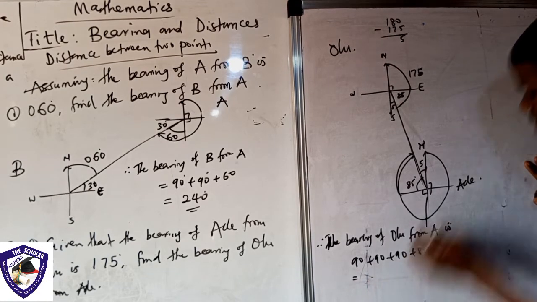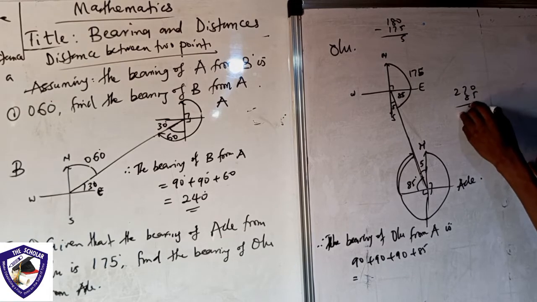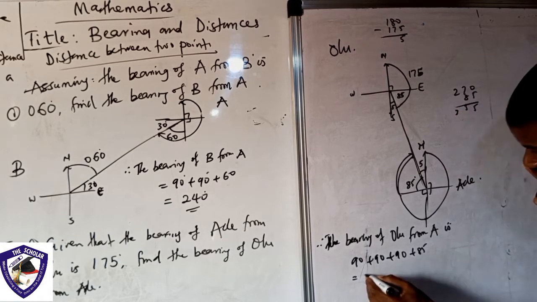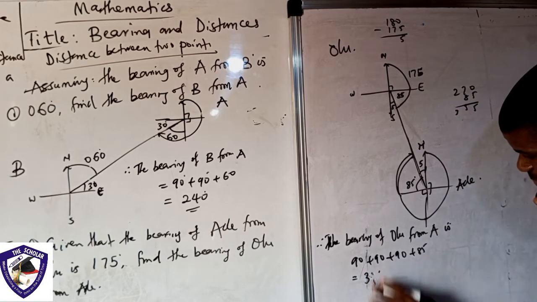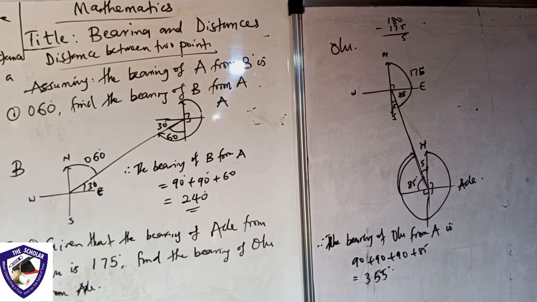And that gives us 270 plus 85. This is 355 degrees. So this is how you locate 2 points, or locate one bearing from the other.